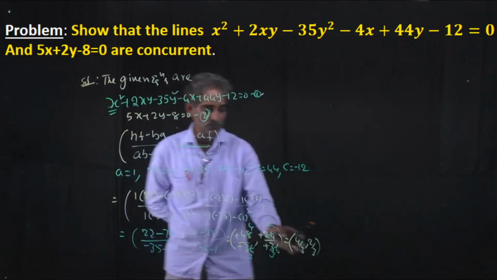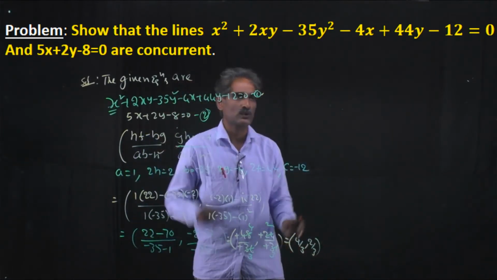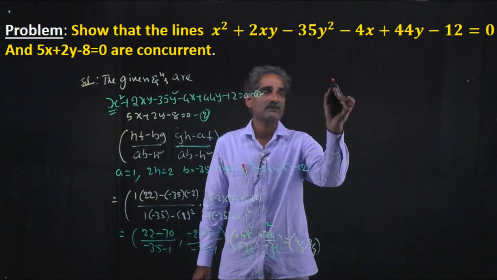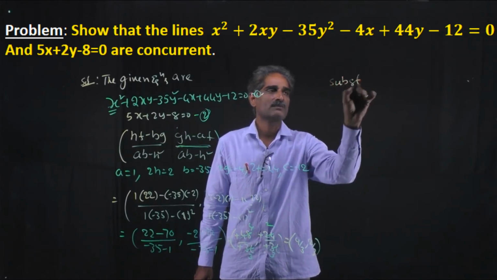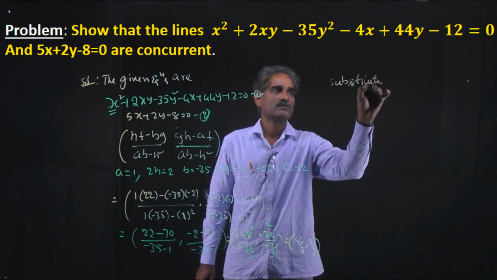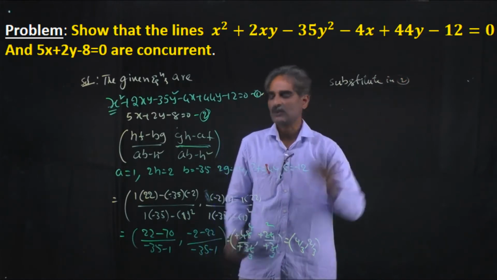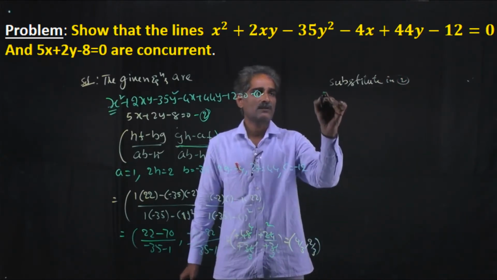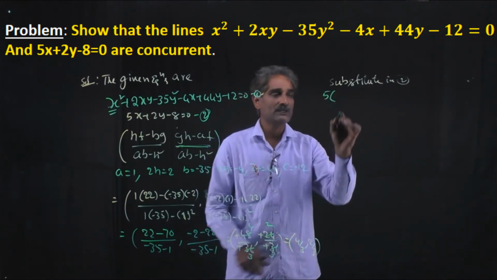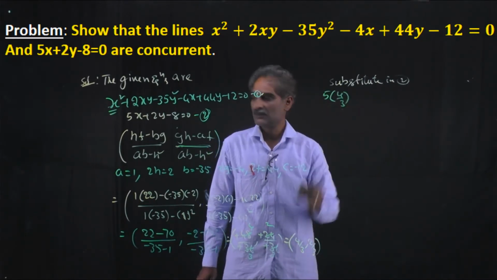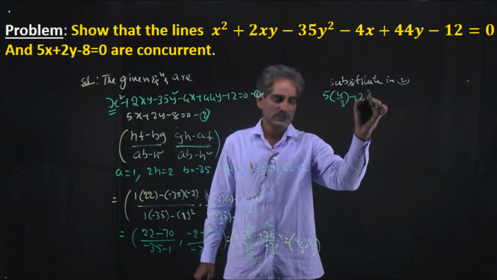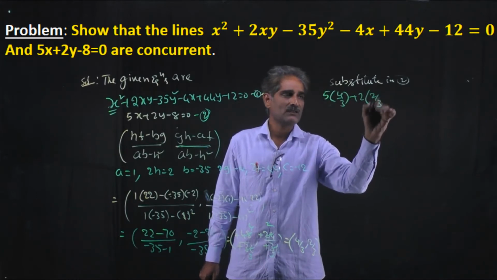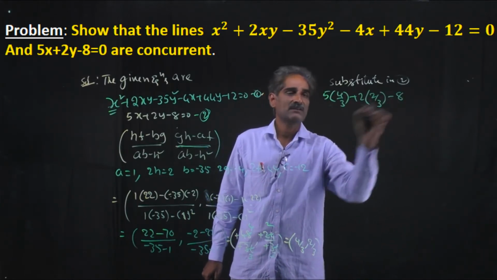Now substitute the coordinates of this point in equation 2. Here 5 into the x coordinate, 4 by 3, plus 2 into the y coordinate, 2 by 3, minus 8.